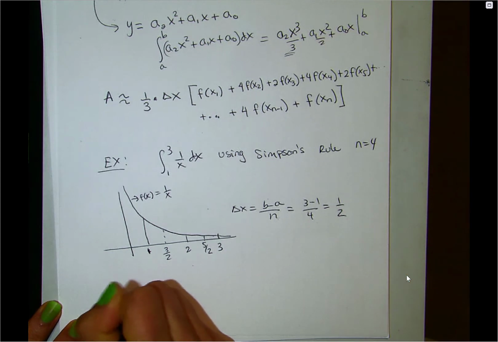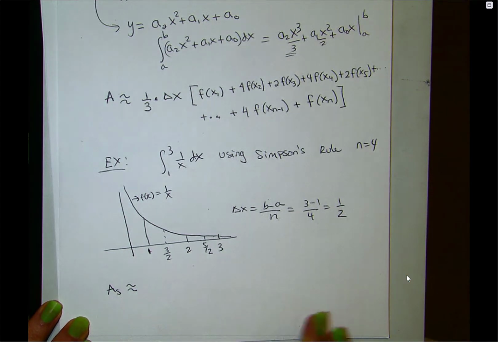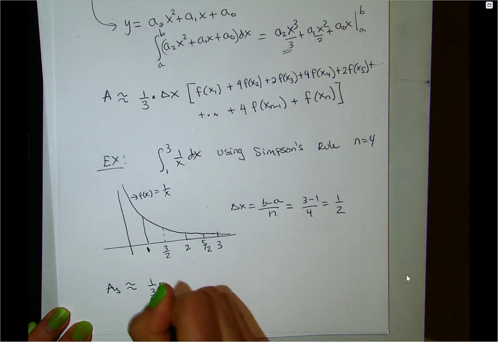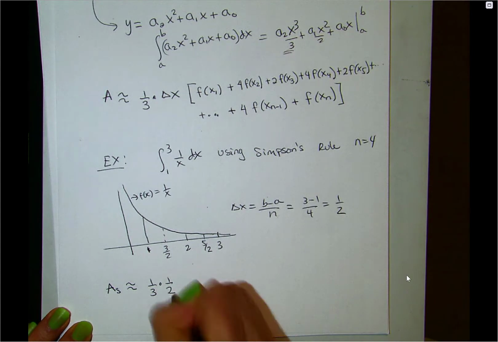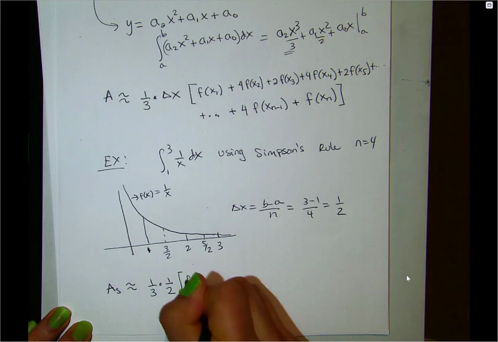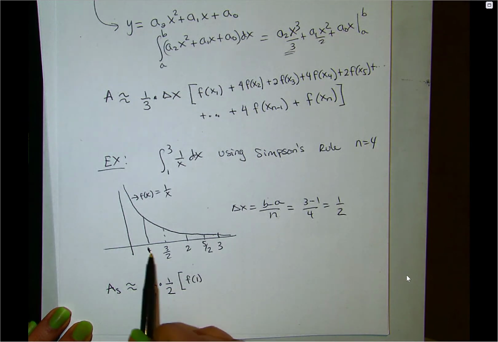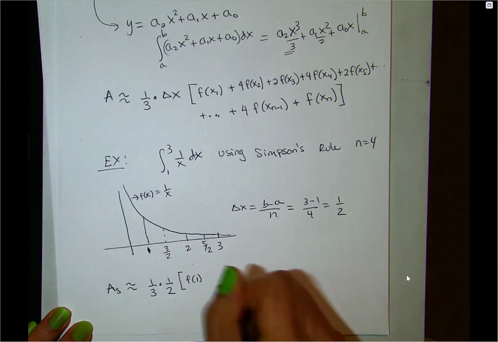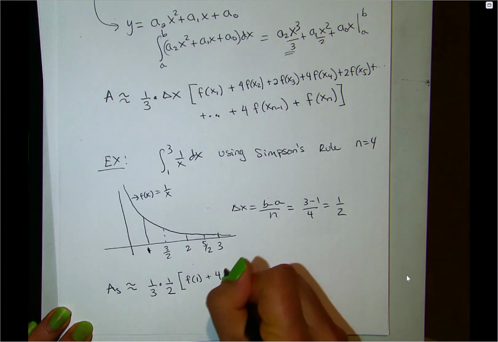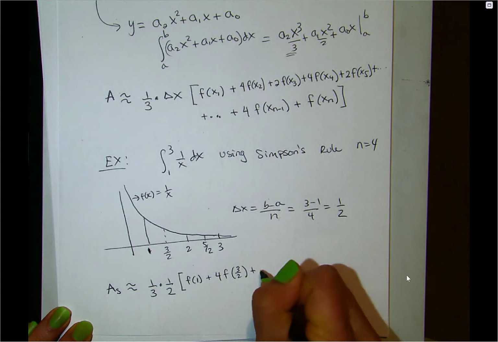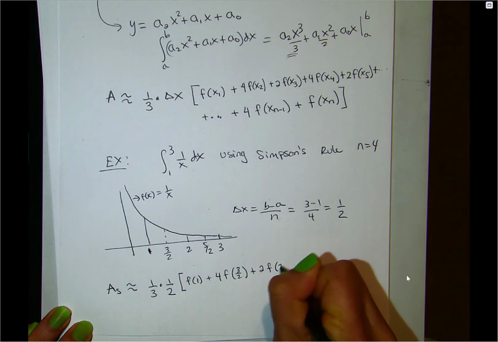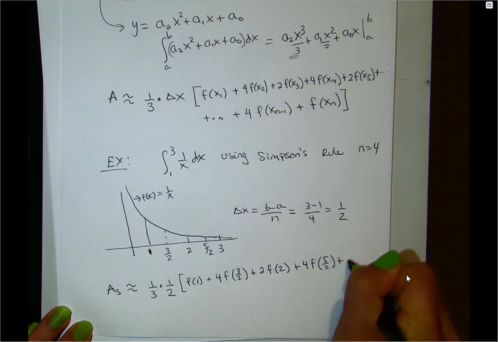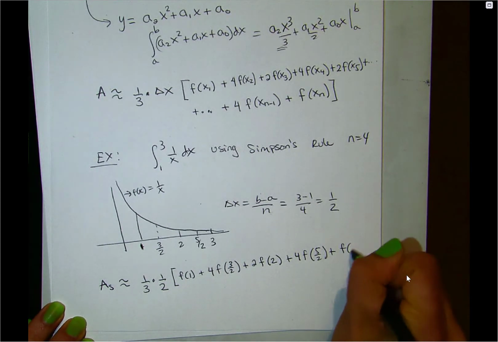And with Simpson's rule, this is going to be approximately 1/3 times delta x, which is 1/2, times f of 1, our first point, plus 4 f of 3 halves plus 2 f of 2 plus 4 f of 5 halves, and the last one is the single one, so plus f of 3.